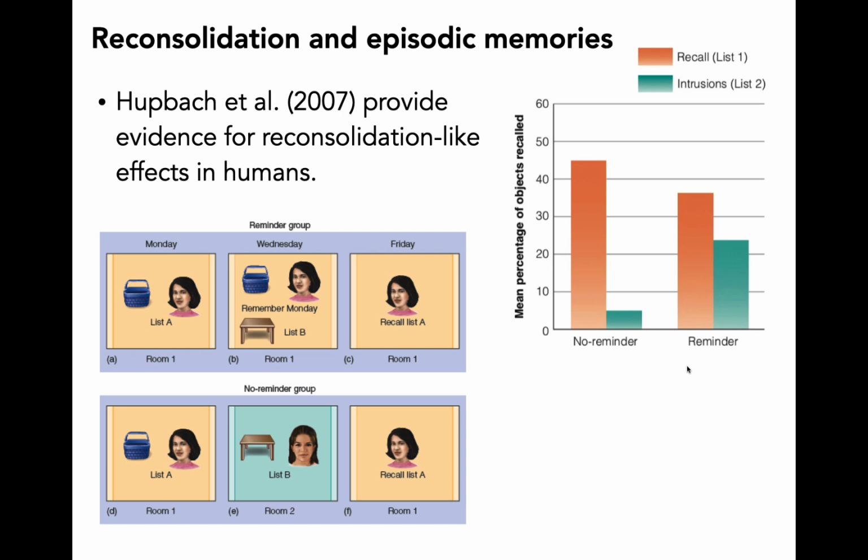And so there's some evidence here that when we recall information, it becomes sort of fragile and susceptible to change, and it can become tangled up with current events in our lives. And we'll look at this idea a bit more in the next lecture.